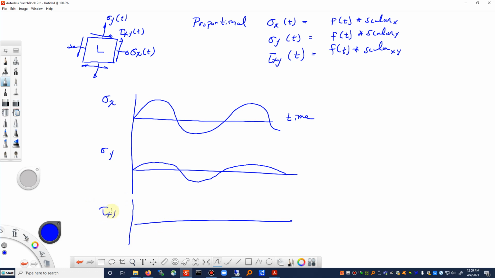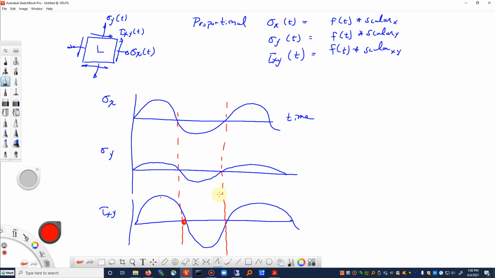And likewise for tau xy, maybe it's steeper, but it crosses 0 at the exact same point, and it peaks at the same point in time as all the others. So all of these are a sine wave, they just have different amplitudes.